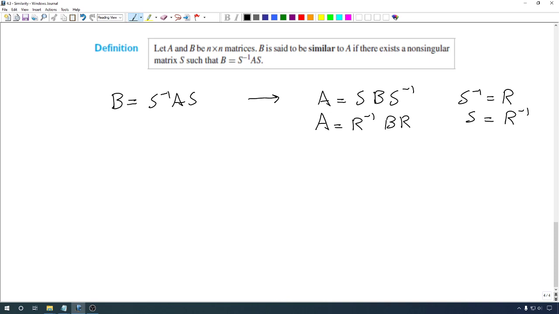We're not going to be doing too much with the concept of similar matrices right now. We'll give some examples in the next video, but keep in mind that this concept of similar matrices will play a very important role in what we do in chapter 6 when we start talking about eigenvalues.